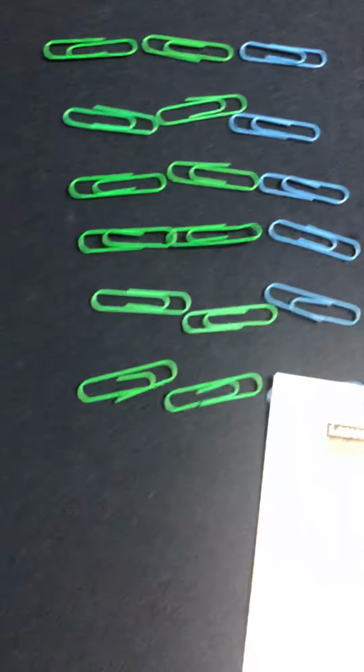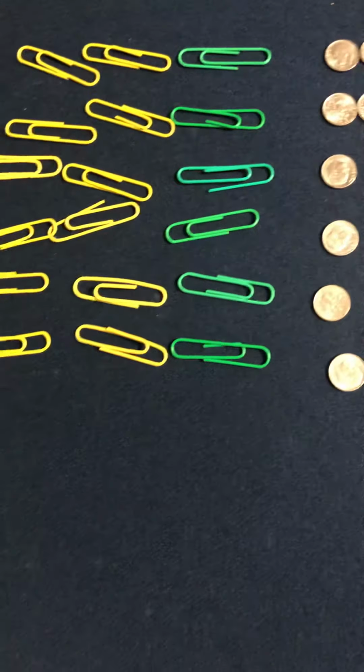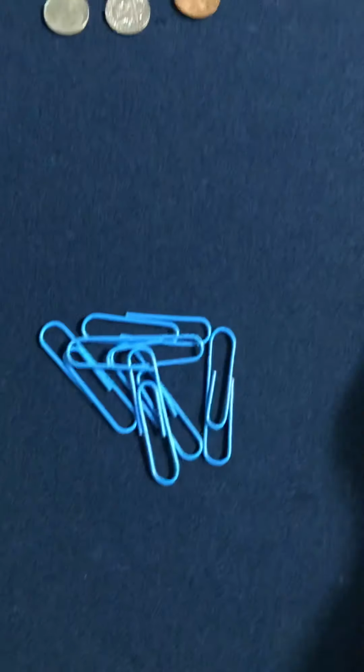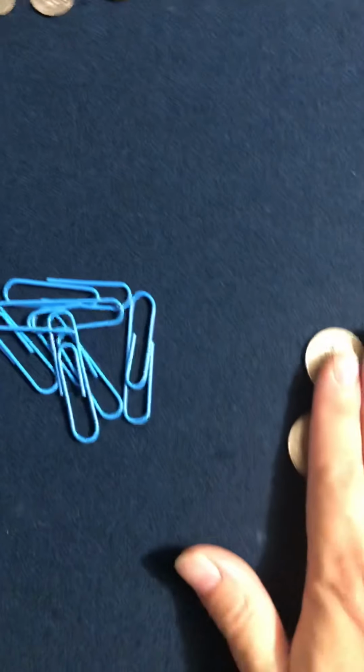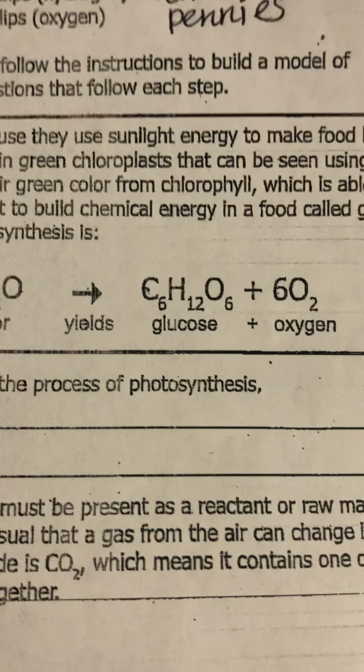Now question 8 tells us to build a glucose by taking apart the carbon dioxides and the waters. So we need to make a glucose. It requires 6 carbons, which are our blue paper clips. So I'm going to grab my blues, or grab my quarters. The next thing it says is it needs 12 hydrogens.